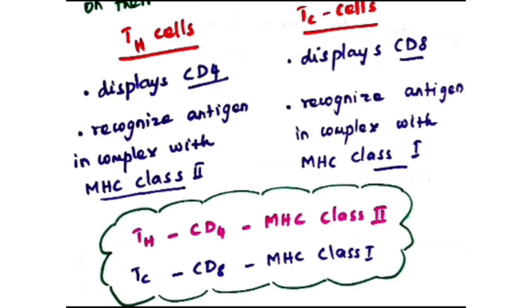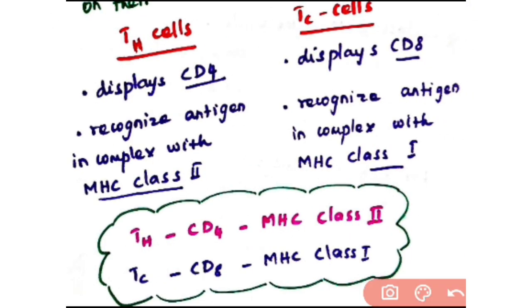So let's see the difference between Th cell and TC cell. T helper cells display CD4 glycoprotein on the surface and cytotoxic TC cells display CD8 on the surface. So based on CD4 and CD8 presence, we can differentiate T helper and T cytotoxic cells.